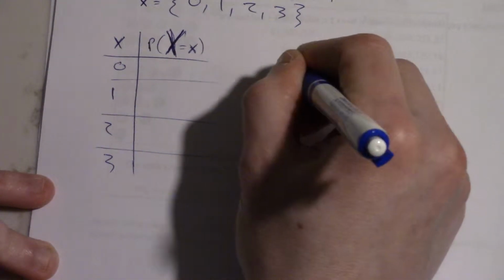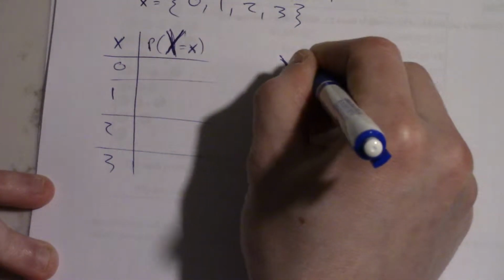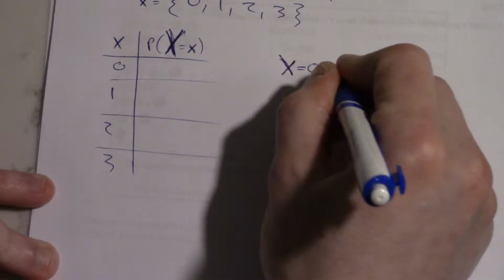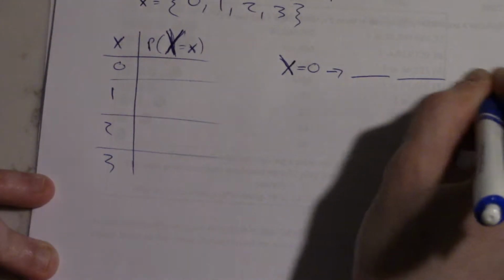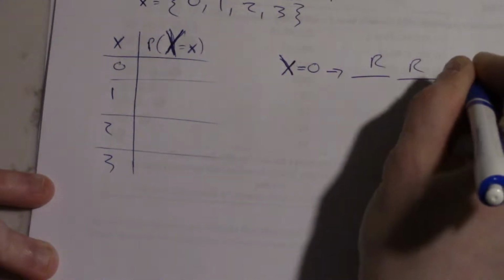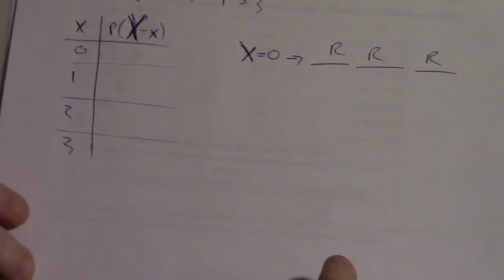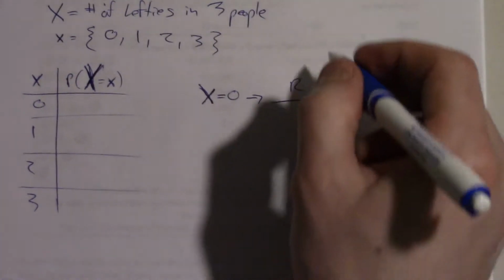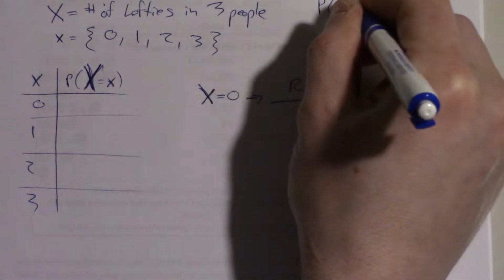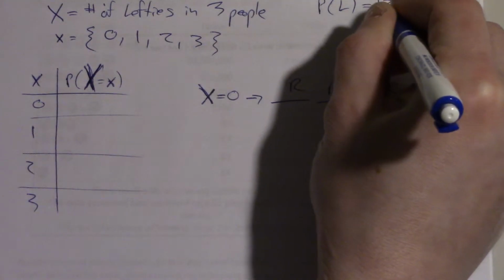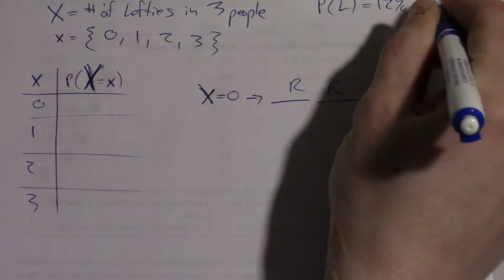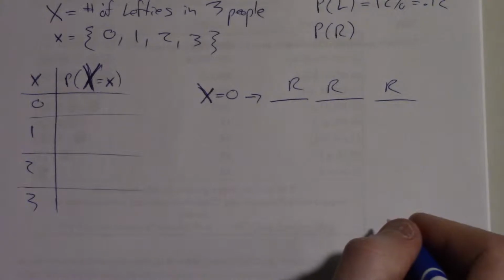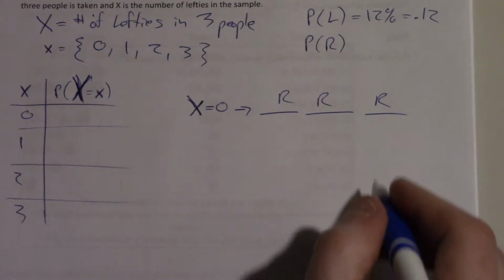So when big X is 0, when we have 0 left-handed people, then that means we're going to have a right-handed person, a right-handed person, and a right-handed person. Well, we know that the probability of being left-handed is 12%, or 0.12. So the probability of being right-handed, well, that's just the complement.